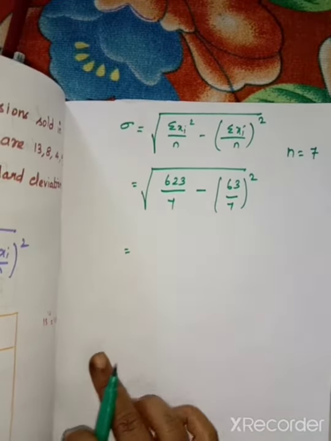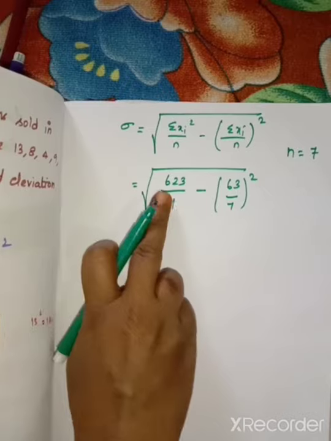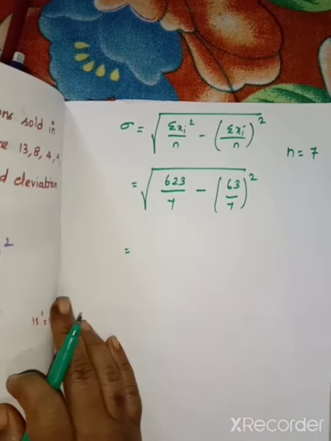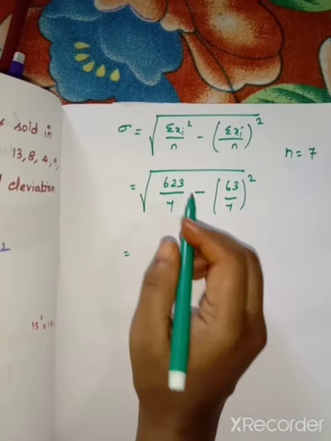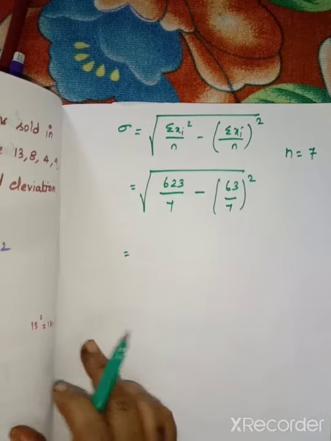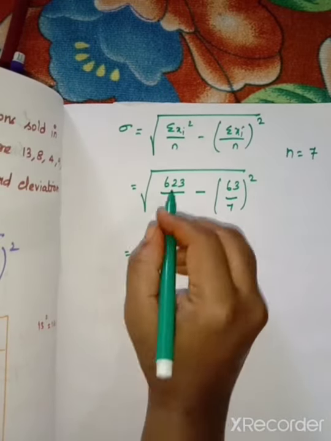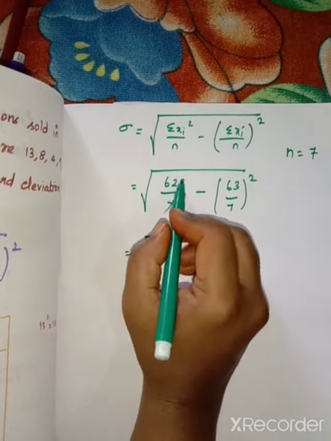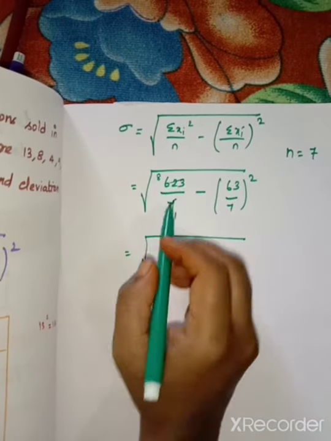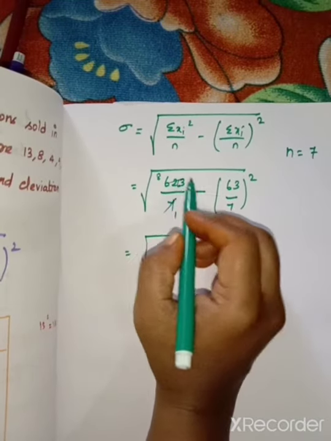So here we can cancel, here also we can cancel, we have to check. So in the 7 table, 8 sevens are 56, remaining 6, so 623 divided by 7 is 89. So that is root of, if you cancel, 1 seven is 7, 8 sevens are 56, balance 6, 63 is 9.